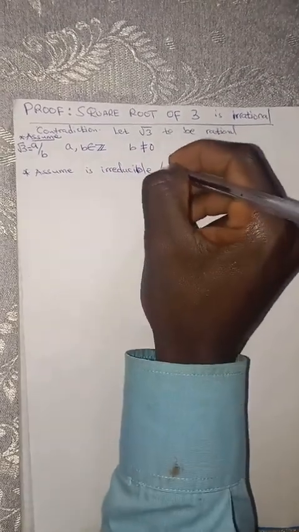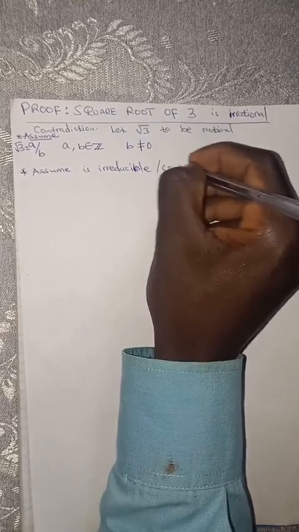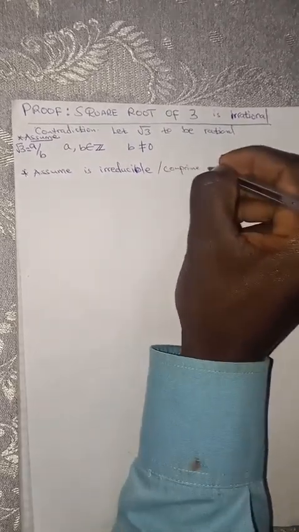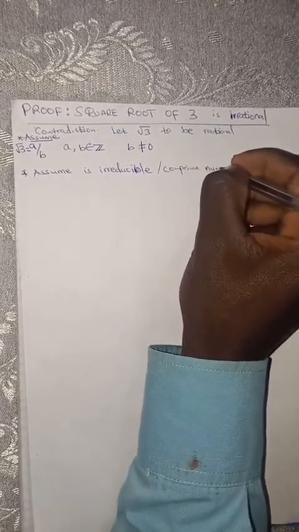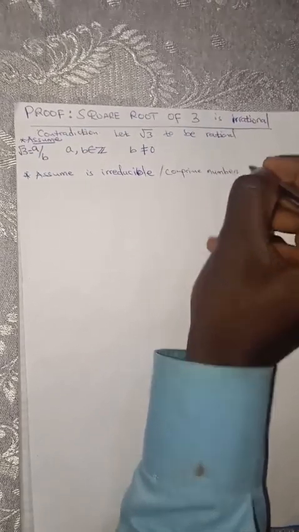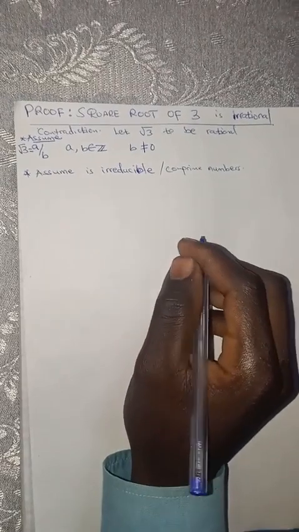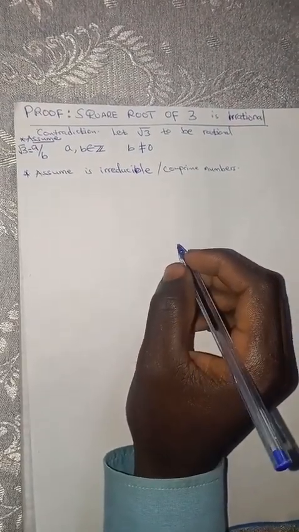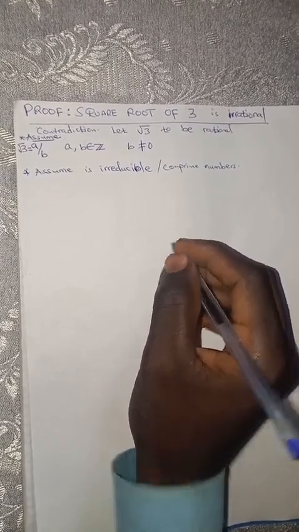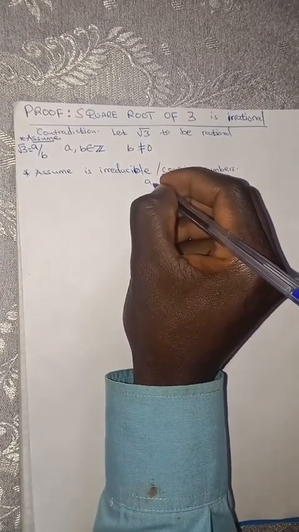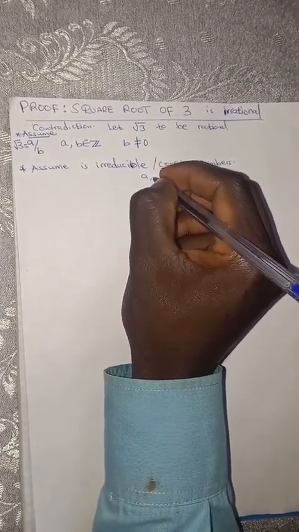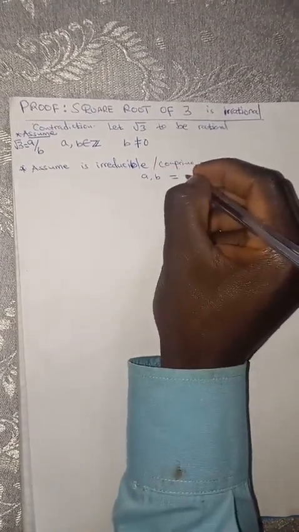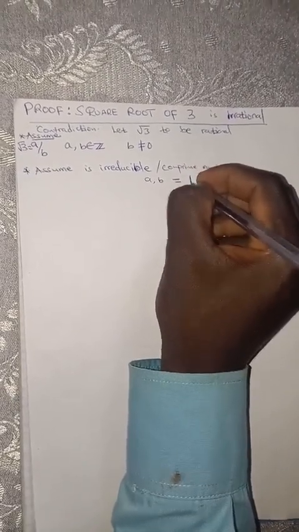It means a and b are coprime numbers, it exists in its simplified form, and the only common factor, or GCD, of a and b is just 1.